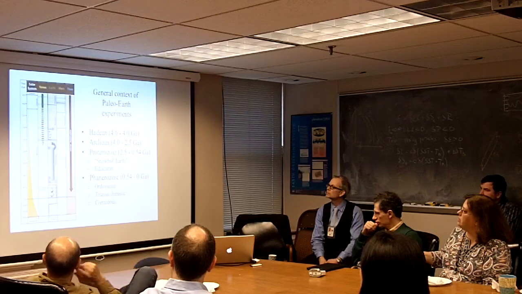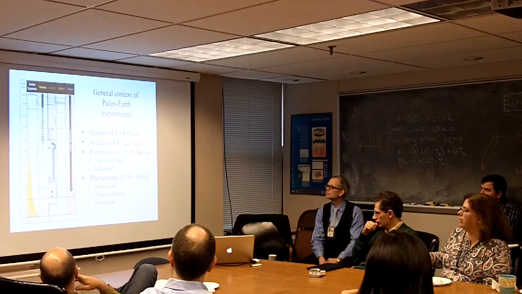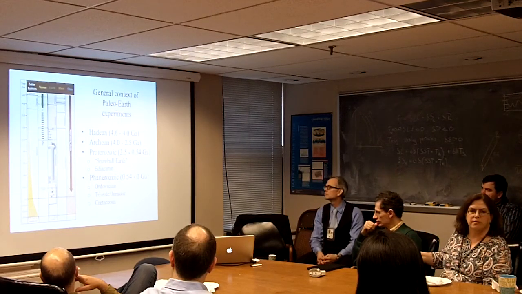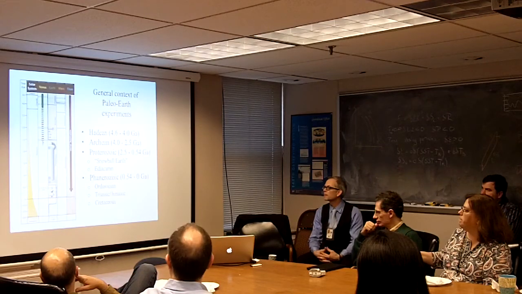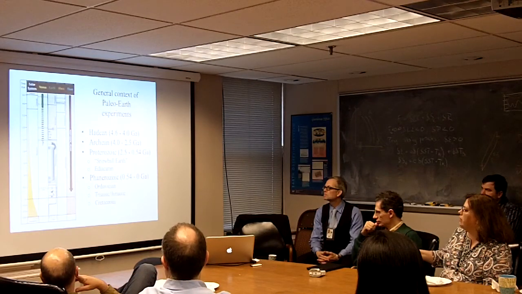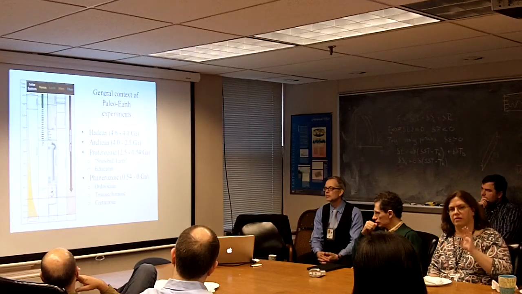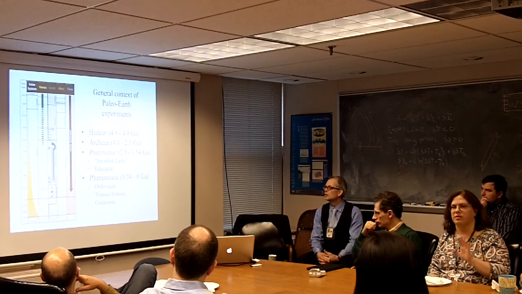This is the time period that we were calling Neoproterozoic also. It's basically from 1 billion years ago to 541 million years ago, with various events happening in this time. Ediacaran falls at the end of that period, and that's the time in Earth history when we find the first appearance of multicellular organism fossils that are visible to the naked eye.